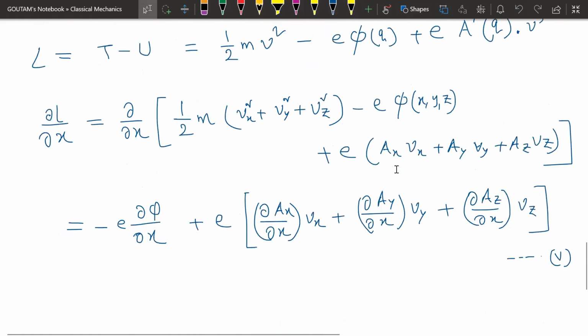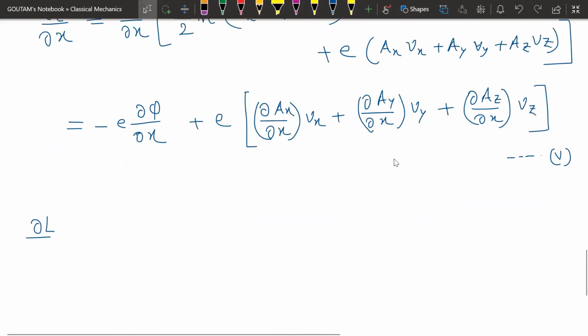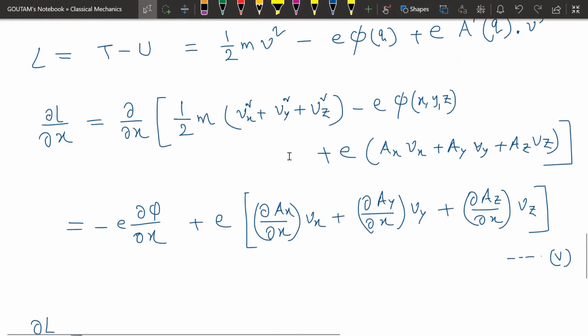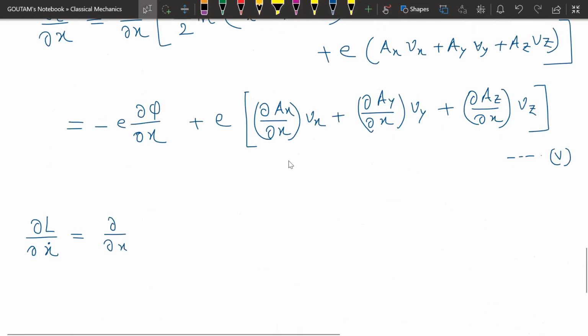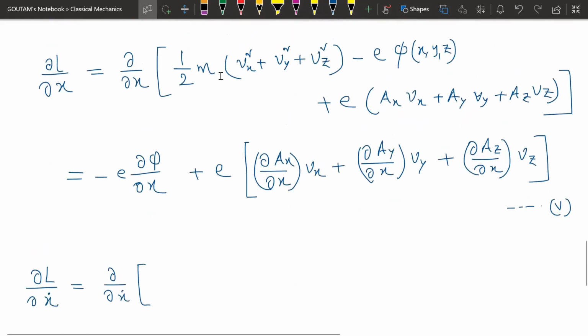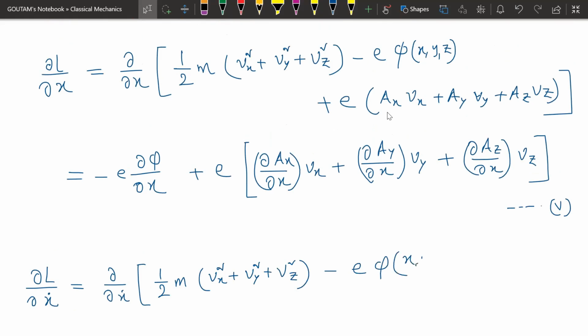So now let's derive this term, del L del x dot, of this L, which is half m (x dot squared plus y dot squared plus z dot squared) minus E phi, which is xyz dependent, plus E (Ax Vx plus Ay Vy plus Az Vz).